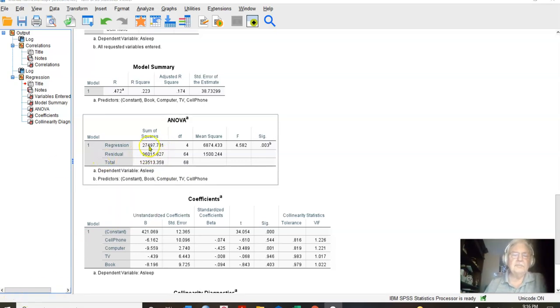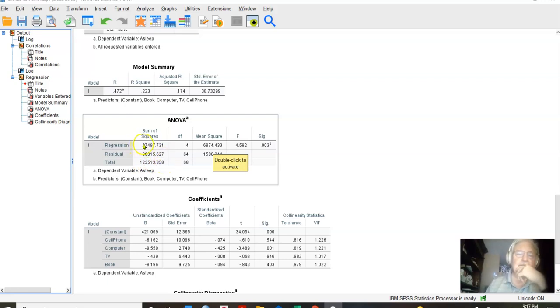When you divide the sums of squares by the degrees of freedom, you get the mean square. And this mean square divided by the residual mean square gives us an F-test. Now, the sums of squares of the regression divided by the total gives you the R squared.